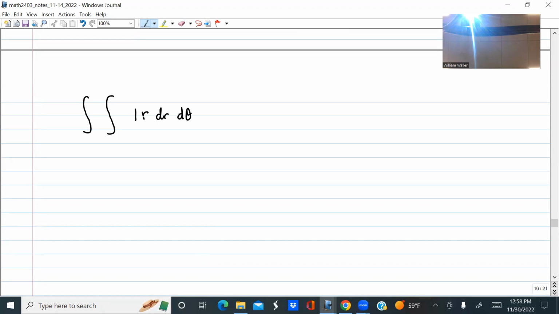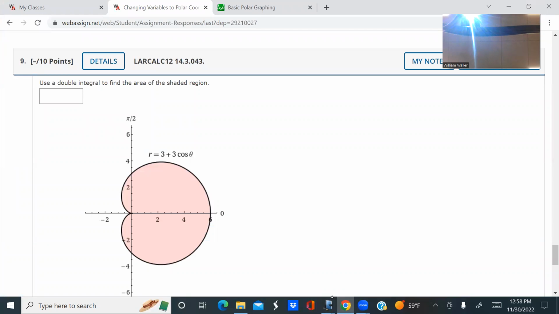That's not necessary in rectangular coordinates, but we need that extra factor of r here. Now all I need is to figure out a way of describing that region in polar coordinates. What about the limits on r? If r equals 3 plus 3 cosine theta, you're right on the curve. But we want points inside the curve also, so we make it less than.